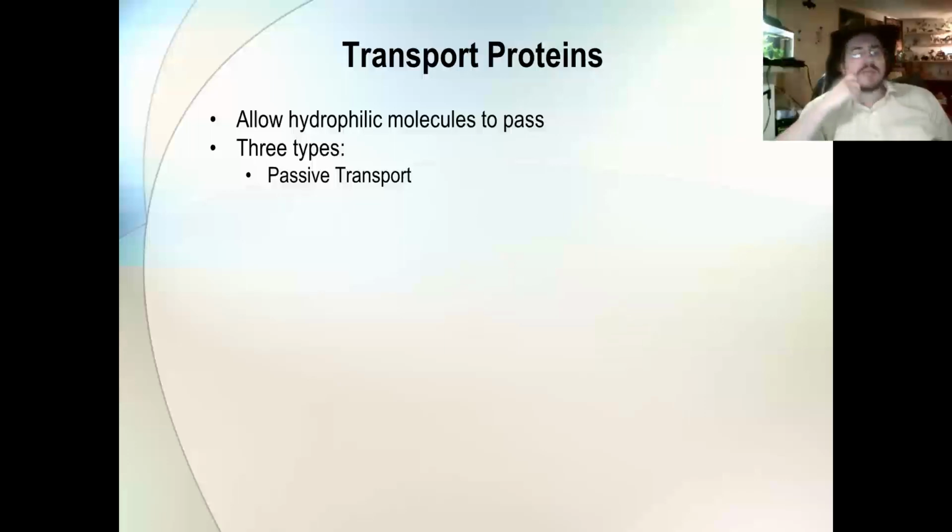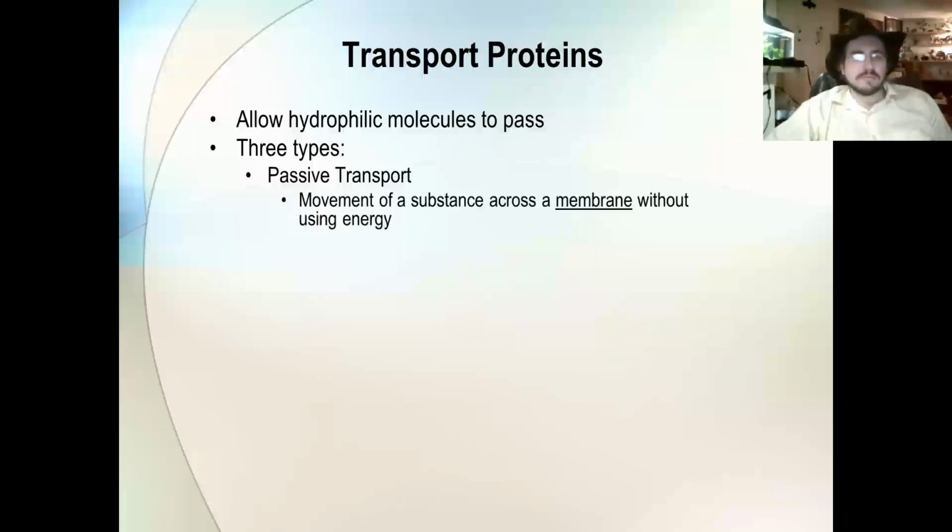But when it comes to transport proteins, passive transport describes a kind of transport protein called a channel protein. So that is movement of a substance across a membrane without using energy. And it moves according to the rules of diffusion.